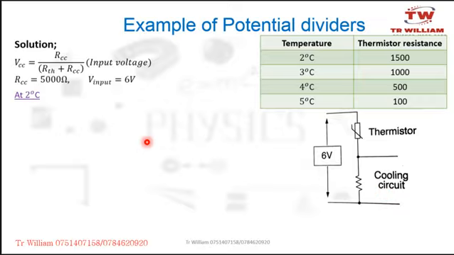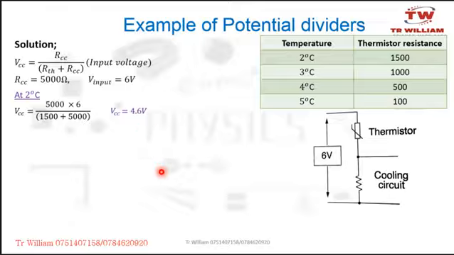Using that equation, we see that the resistance of the cooling circuit is 5,000 times input voltage, which is 6, out of, at 2 degrees, the thermistor has which resistance? 1500, plus resistance of the cooling circuit, which is 5000. We get our voltage of the cooling circuit at 4.6 volts.